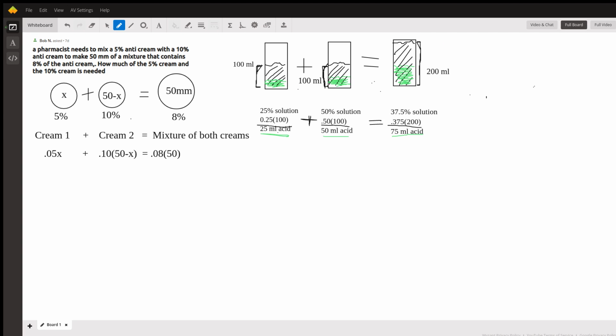And if you do the math, you're going to get 25 plus 50 equals 75. So hopefully that helps you understand the idea of how the equation can be created for any mixture problem, whether you're mixing creams, as in this problem, or say you're at the grocery store and you want to make a snack mix and you want to mix almonds with M&Ms.